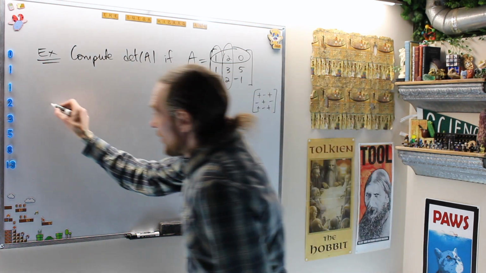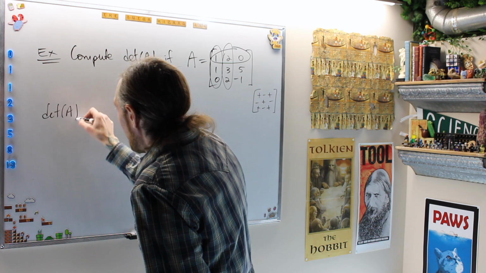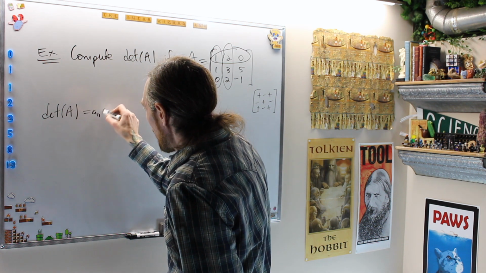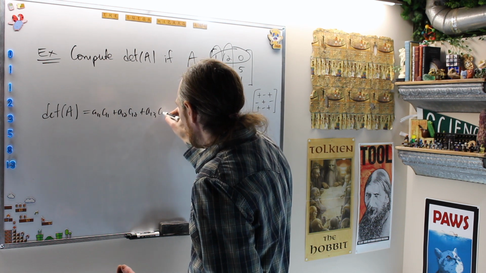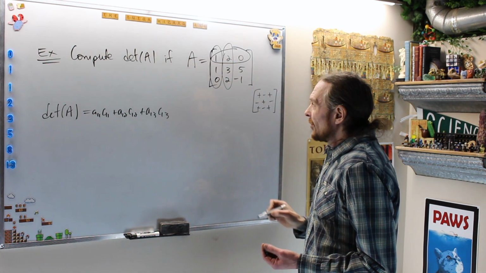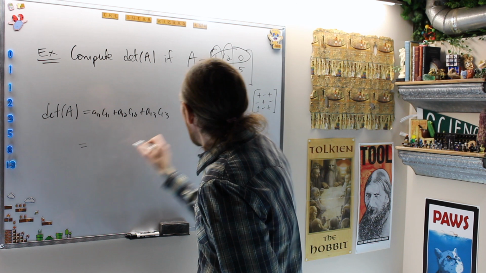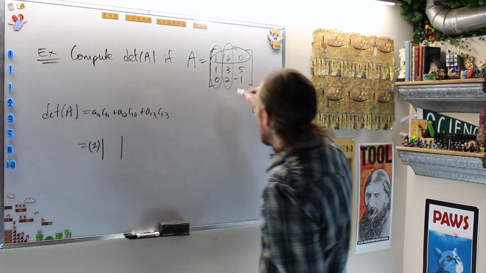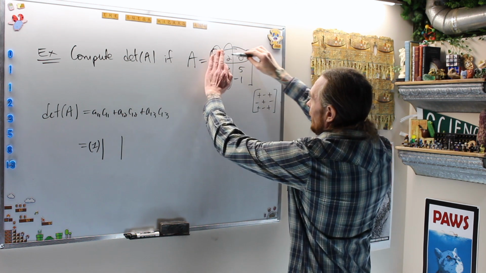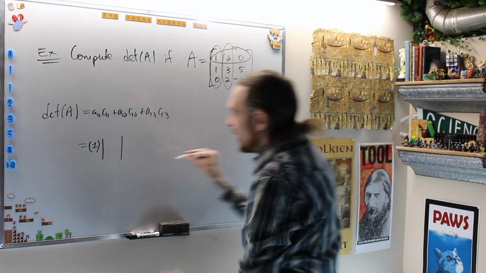Here we go. The determinant of A along row 1 is A11 C11 plus A12 C12 plus A13 C13, which is equal to A11, which is 1, times C11, obtained by blocking off row 1 and column 1: 3, 5, 2, negative 1.